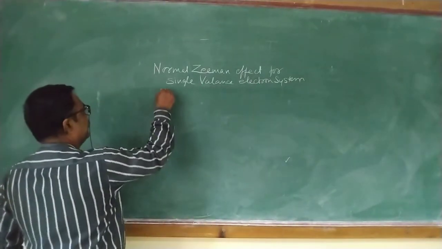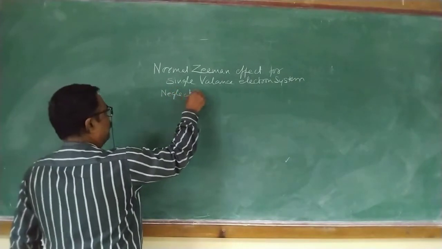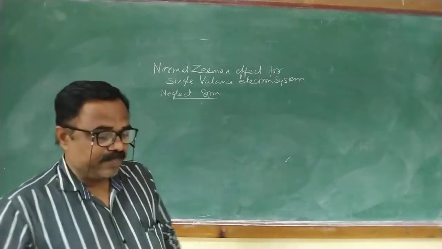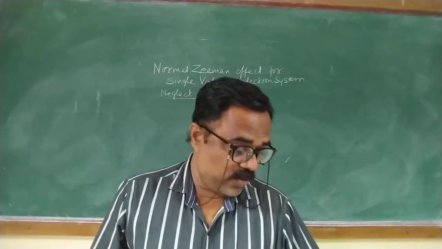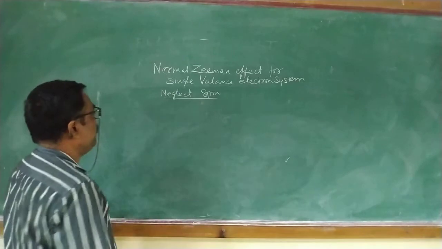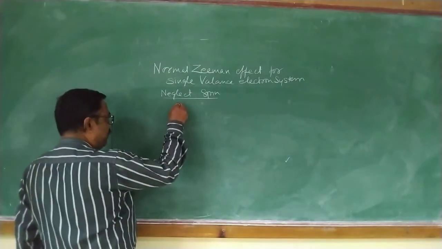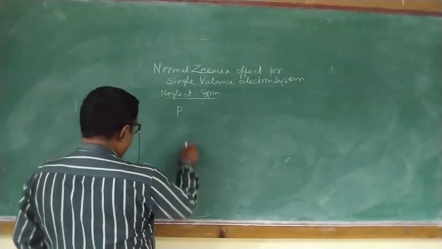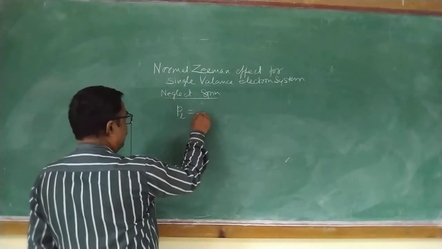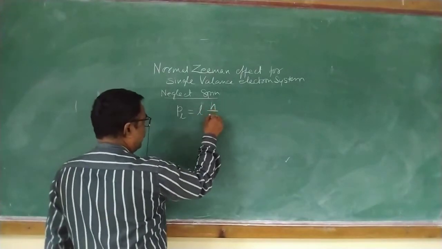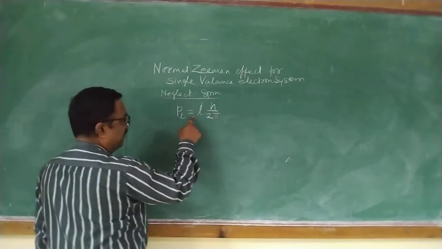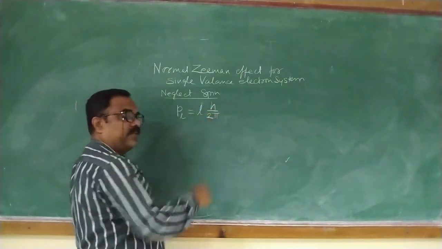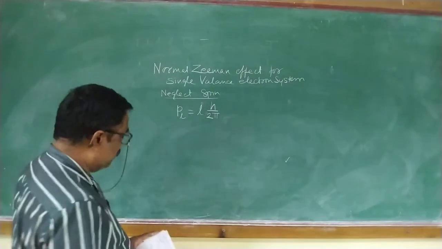If we neglect spin, then the angular momentum is given by PL equal to L h by twice pi. Angular momentum is quantized. L is the orbital angular momentum quantum number, h by twice pi. That is the quantum condition.